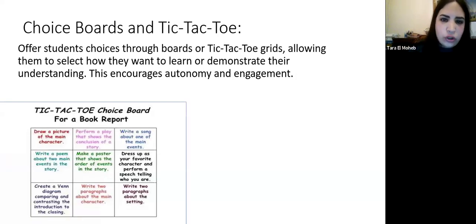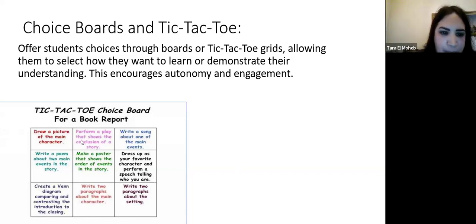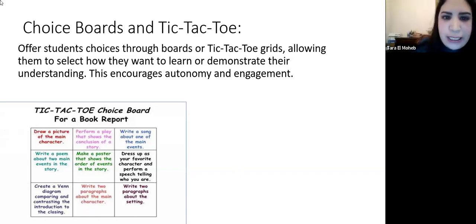Choice boards. Offer students choices through boards or TikTok grids. This is like, for example, a TikTok choice board for a book report, allowing them to select how they want to learn or demonstrate their understanding. This encourages autonomy and engagement. Because here, for example, you can give them a dice and they can throw the dice no matter what age.